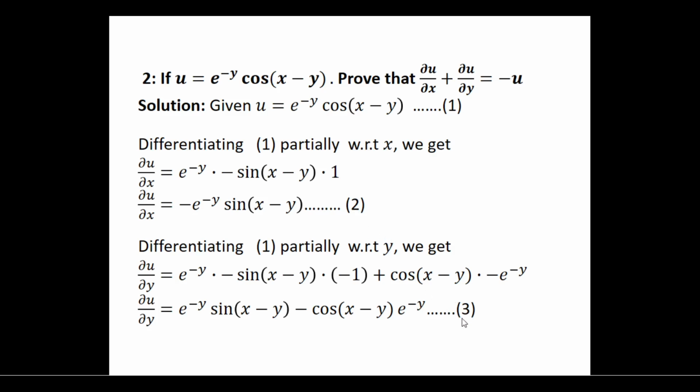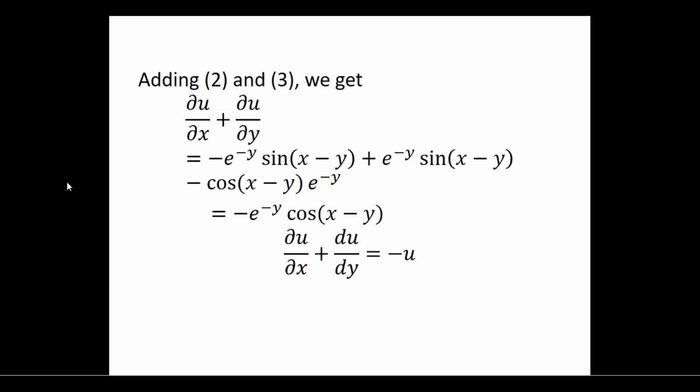Now add equations 2 and 3 in order to get ∂u/∂x + ∂u/∂y. Okay, if you add these two equations, what are you going to get? It's -e^(-y) sin(x - y) + e^(-y) sin(x - y) - cos(x - y) times e^(-y). Okay, so these two terms will get cancelled.